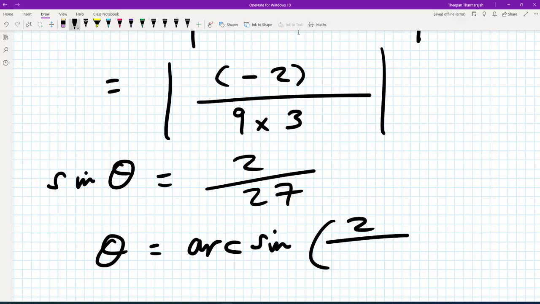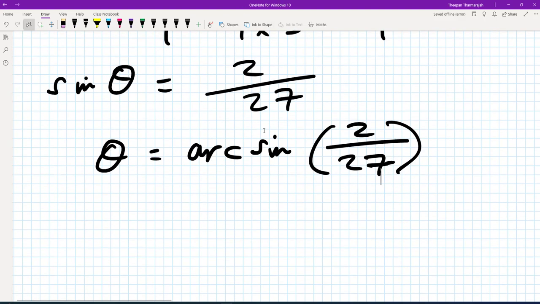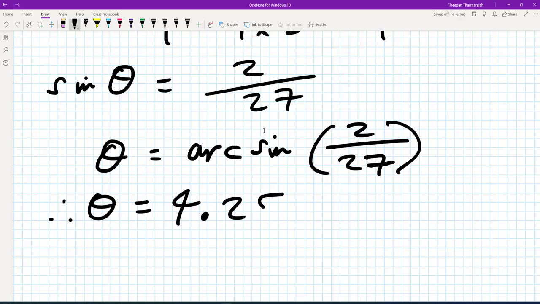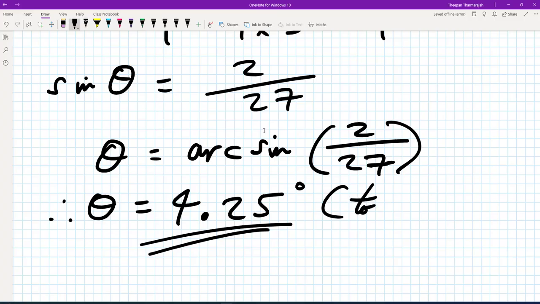So we always say arcsine, arctan, arccos. So you should always use formal notation in regular A-level and in further maths, especially in further maths as well, and in regular A-level, there's no difference. So being pedantic and solid in your working out is vital for the exam. So that works out to be, therefore, theta is 4.25 degrees, correct to 3 significant figures.